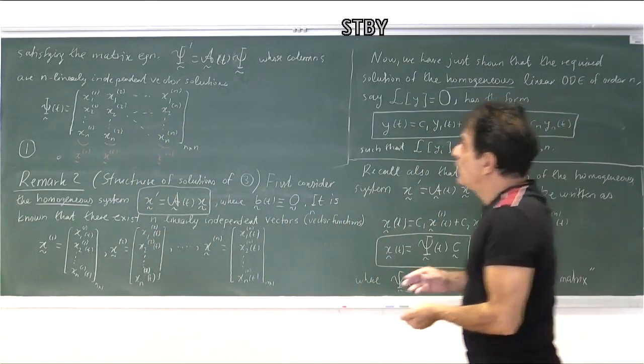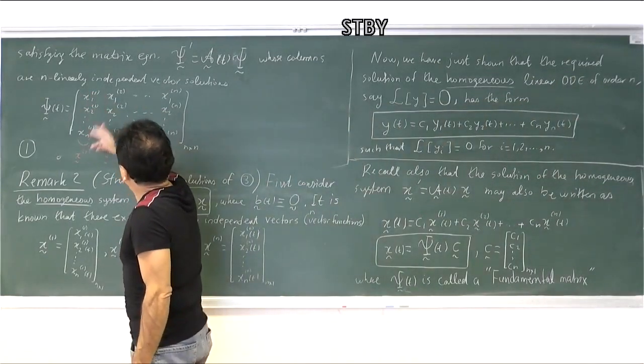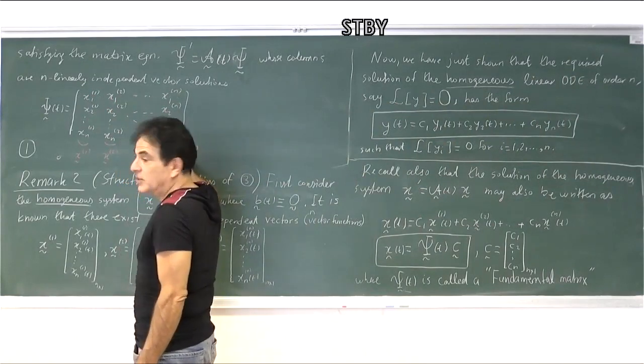And what is known, because the columns are linearly independent vectors, okay?